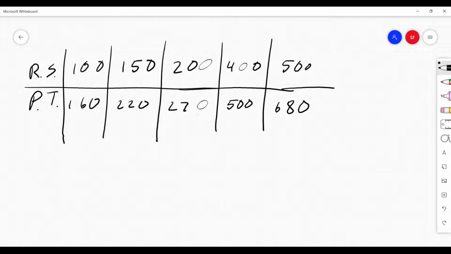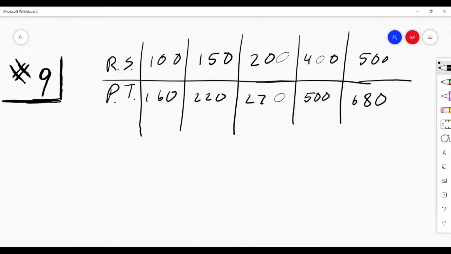Is this 500 hours or minutes? Does it say time in minutes? So 680 minutes, 500 minutes, whatever else.